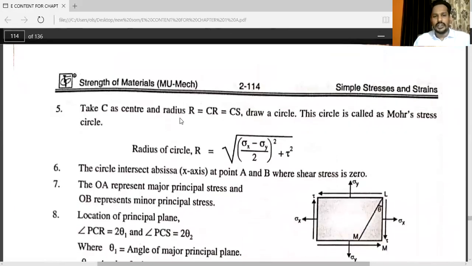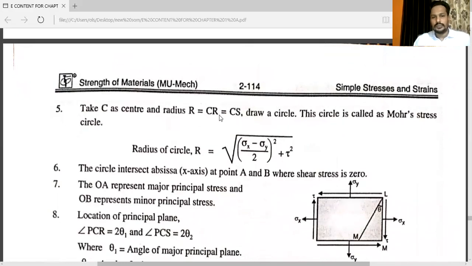Take C as the center and radius R equal to CR, equal to CS. Draw a circle. This circle is called the Mohr stress circle. So the radius of the circle R is equal to the square root of (sigma x minus sigma y upon 2) whole squared, plus tau squared.